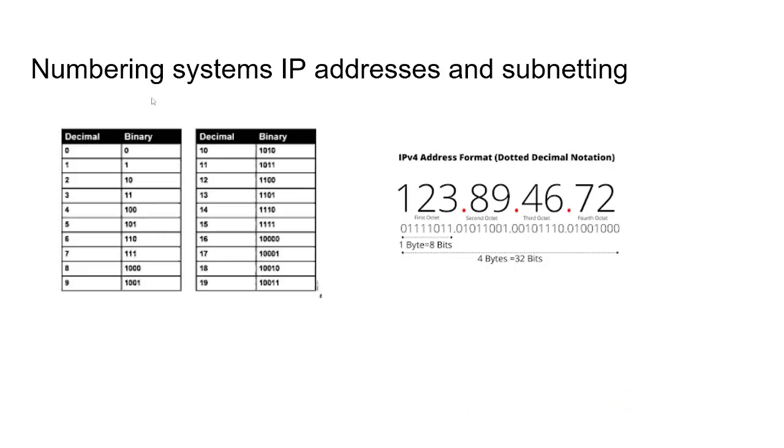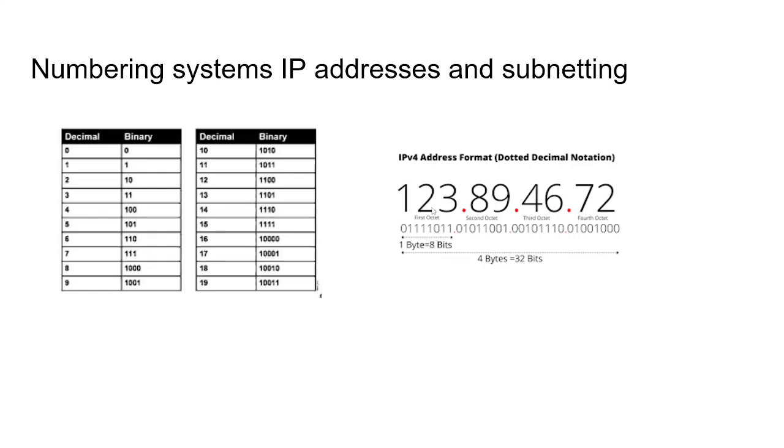And next we have numbering systems, IP addresses, and subnetting. We learned how to convert binary to decimal, hexadecimal, stuff like that. And we learned about the different 8 bits. You'll see octets for IP addresses, right? So these dots, they're basically separating different octets.